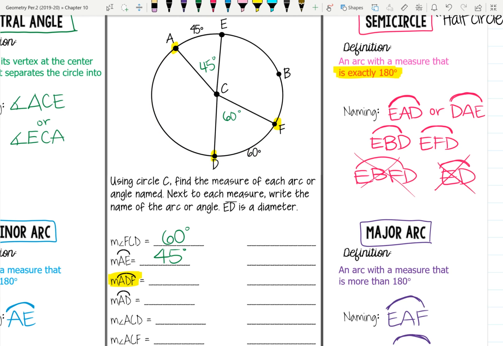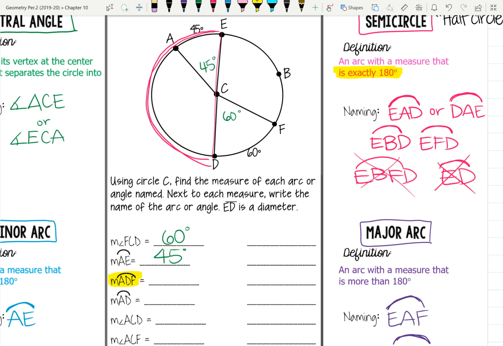Oh, wait. I do remember that we had a semicircle. Since ED here is a straight line, doesn't that mean it cuts this in half? This entire arc here is 180 degrees.